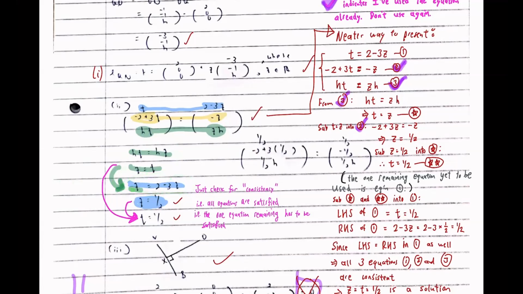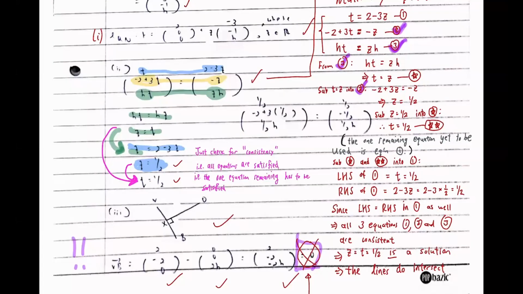Then I realized, oh, you are replacing the t with z using equation 1. Try to label your equations like 1, 2, 3. At least you can check my working just now, that I've written previously over here on the right side. Let me know if you got any questions.